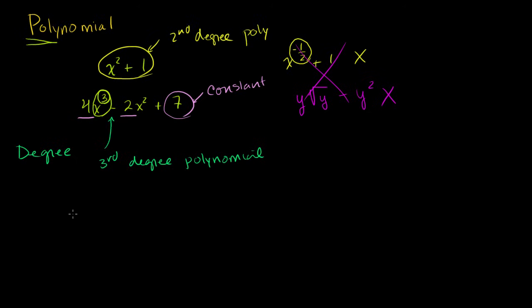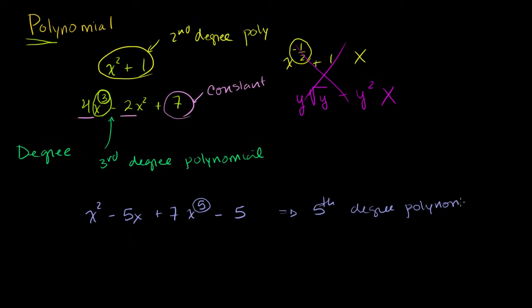And I'm going to write it in maybe a non-conventional form right here. I'm going to not do it in order. So let's say it's x squared minus 5x plus 7x to the fifth minus 5. So once again, this is a fifth degree polynomial. Why is that? Because the highest exponent on a variable here is the 5 right here. So this tells us that this is a fifth degree polynomial.